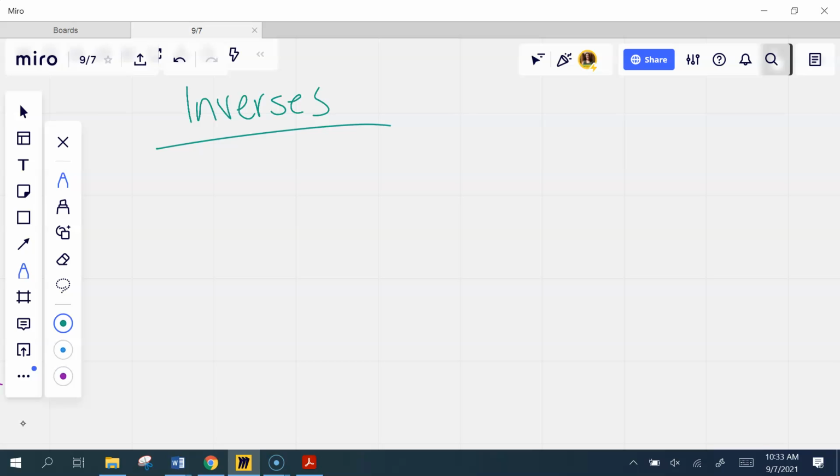So we'll spend some time talking about the inverses, but we may go ahead and jump to some transformations today, because that is so important. These are brand new though.